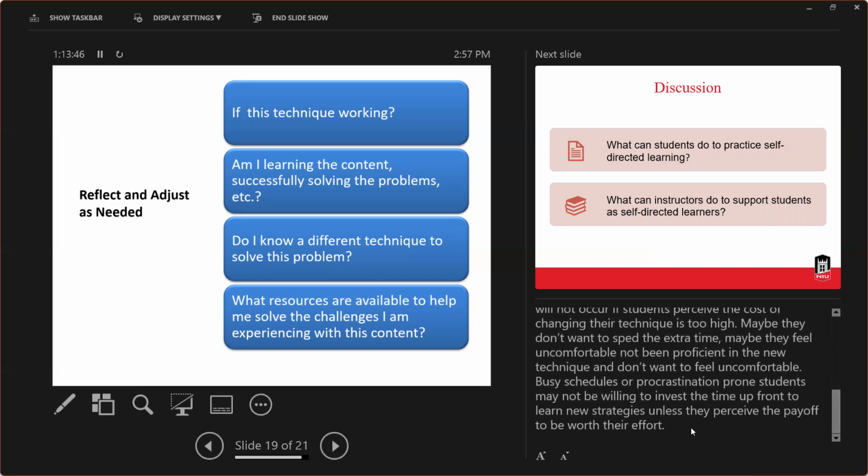So if students believe that the payoff is worth their extra effort, then they will be more likely to try these different techniques and move toward more of that growth mindset than the fixed mindset. And so those are the different phases of the self-directed learning cycle.